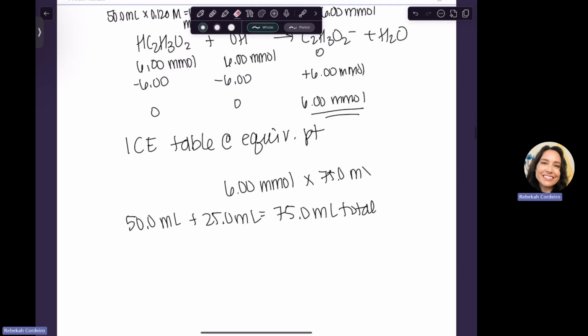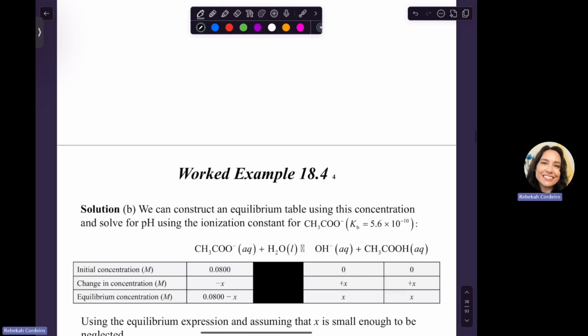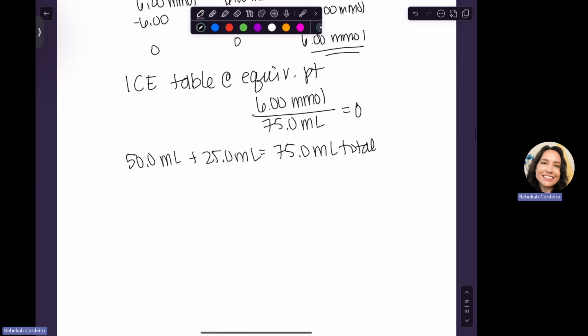Not times, divided by. That's going to give you the 0.08. And that's going to go into the initial.